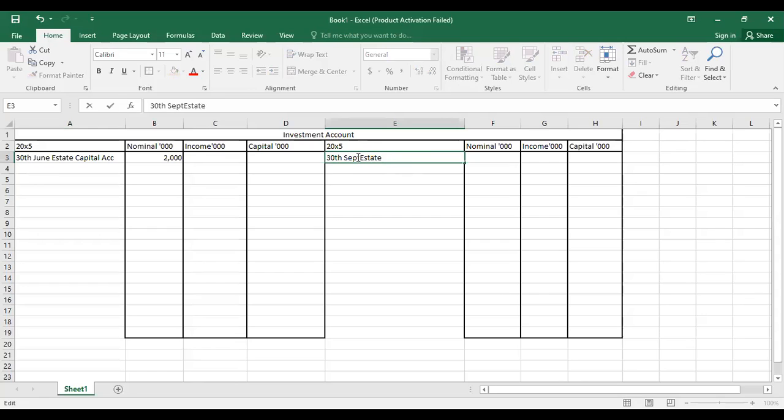So we are going to talk of the estate cash book, and you say that the figure will go to the capital column of the investment account. So I can just indicate here for purposes of guiding you that this is pre-death.